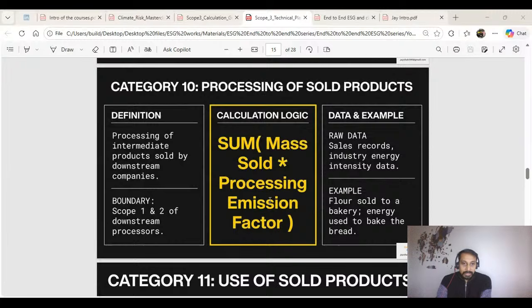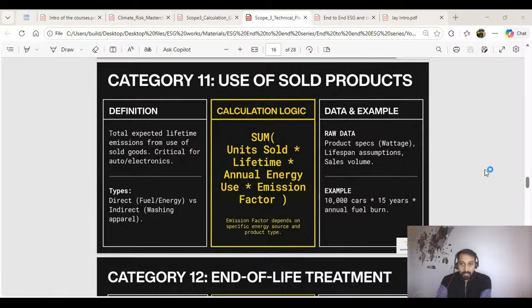Category 11 is use of sold products, which I think applies globally to each and every corporate company. These are companies selling products like vehicles, appliances, electronics, or those doing a business of scrapping.